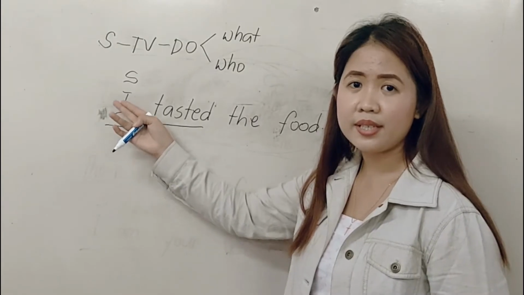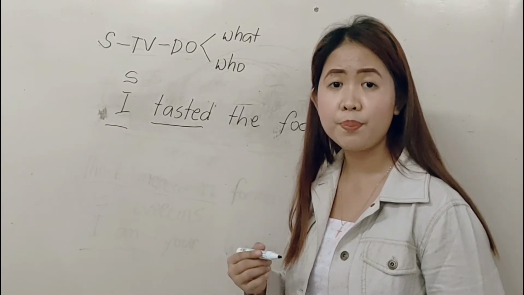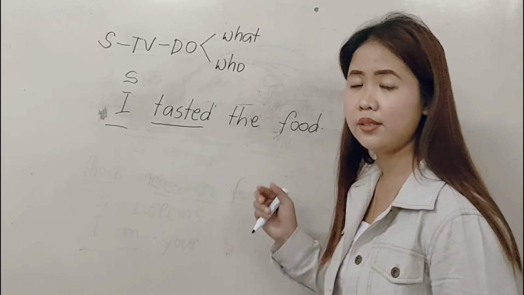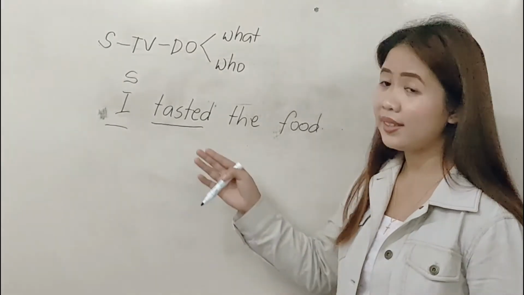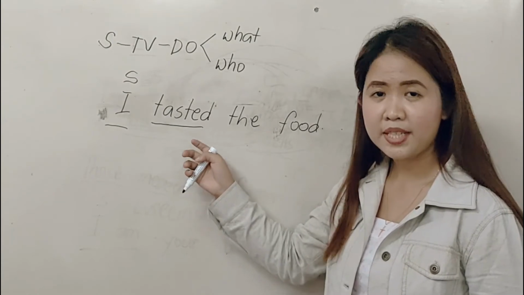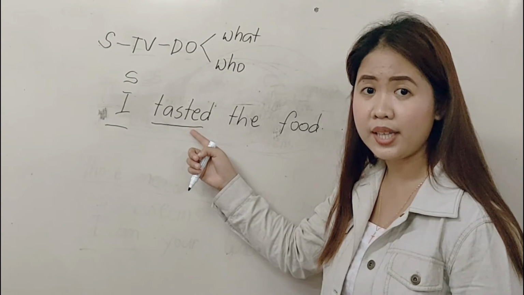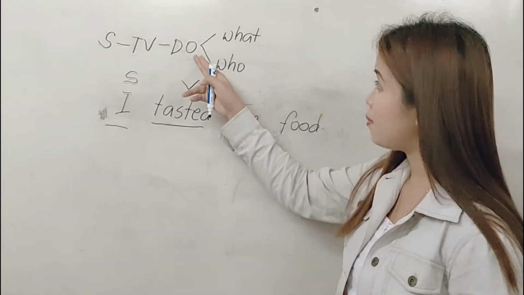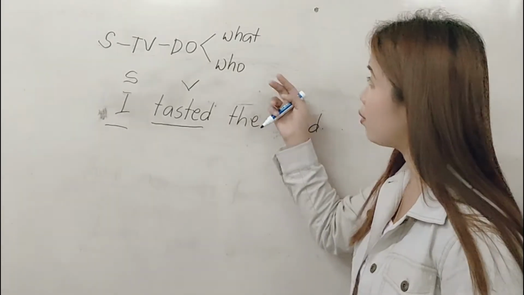I is considered the subject of the sentence because I am the one who performed the action. I am the one who tasted the food. Now we have the word tasted. Pansamantala, let us label this word as a verb. Direct object answers the question either what or who.